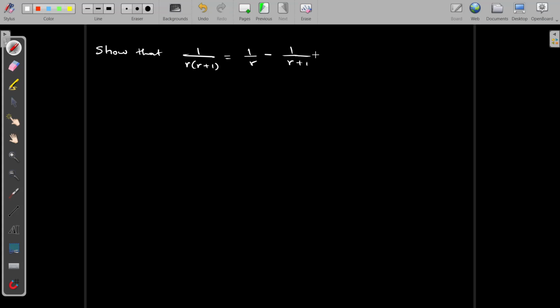And we'll have to use method of differences to show this. So they want us to show that that is equal to that, and then a follow-up question, hence find the sum of this thing here.